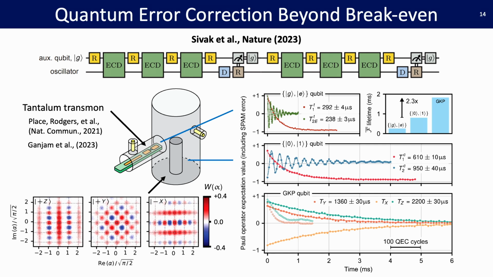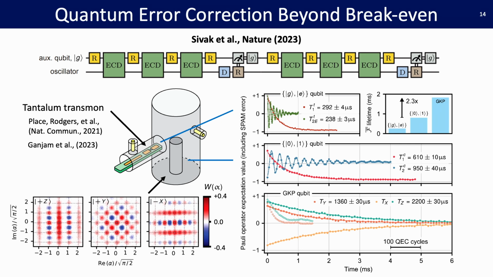So put differently, this is really saying by encoding quantum information in these very complicated states of light and performing measurements and feedback operations on them constantly, we're able to prolong the lifetime of our quantum information to a lifetime almost more than twice as long as the lifetime of a single photon in that same oscillator.